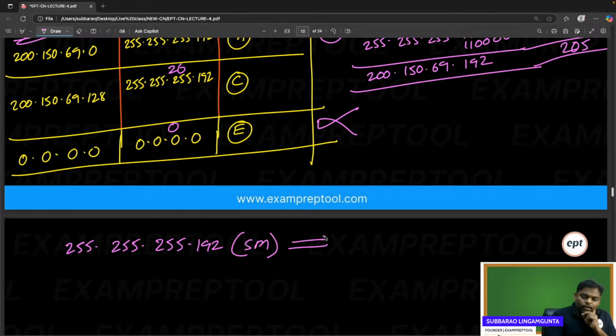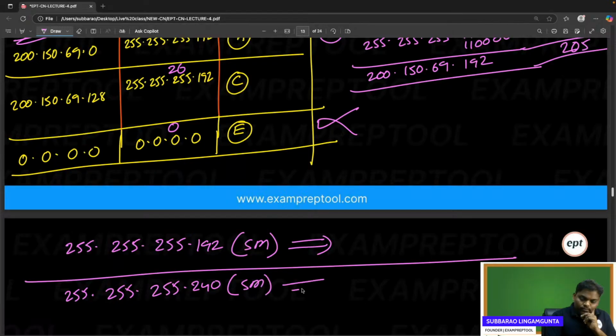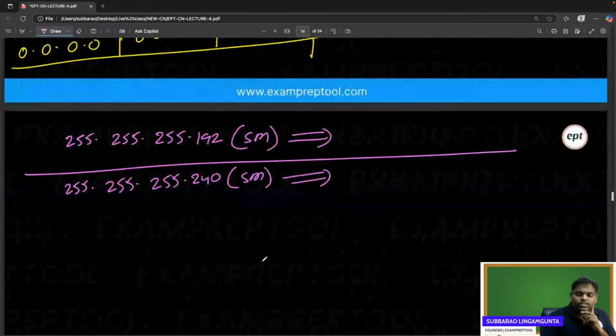Can you help? How many hosts are there? I want answer. If it is a subnet mask, please give answer. How many hosts are there? For the first subnet mask, please give answer. How many hosts are there?